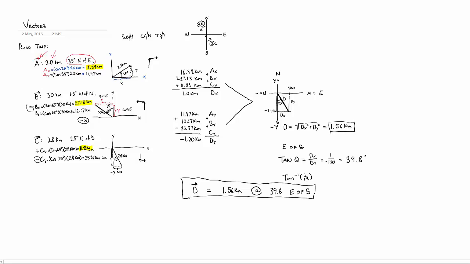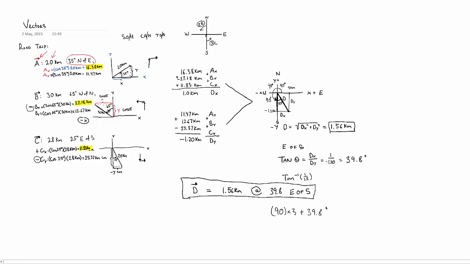You could also report your answer counting from here, which would be 90, 90, 90. So, if you would like to record it like that, that would be 90 times 3 plus 39.8 degrees.